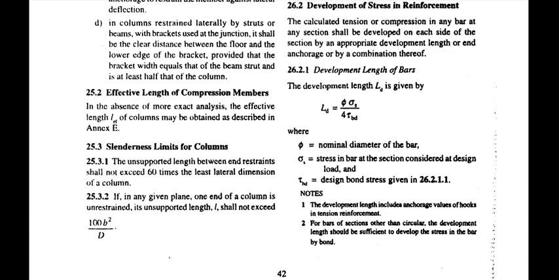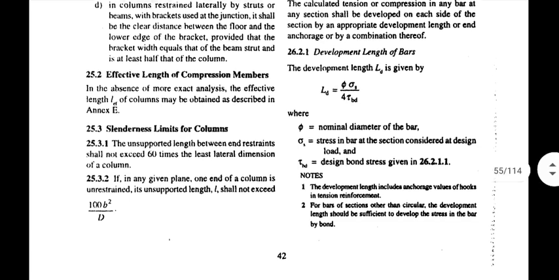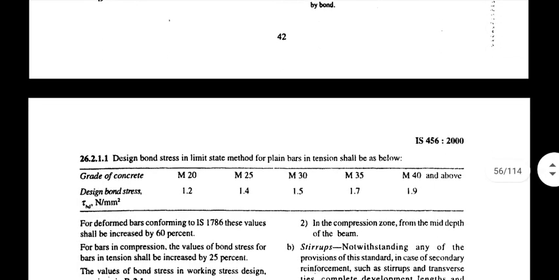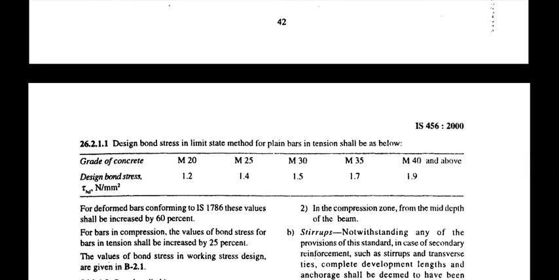We have seen the formula and detail in my previous lecture for the singly reinforced beam, whose link is given in the description box. You can check that there. The value of tau BD is given in clause number 26.2.1.1. For grade of concrete M20, the value will be 1.2, and for deformed bars it shall be increased by 60%, right?